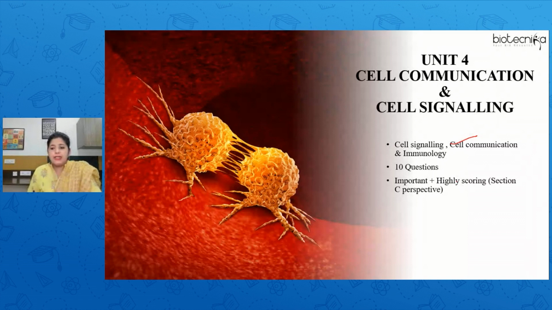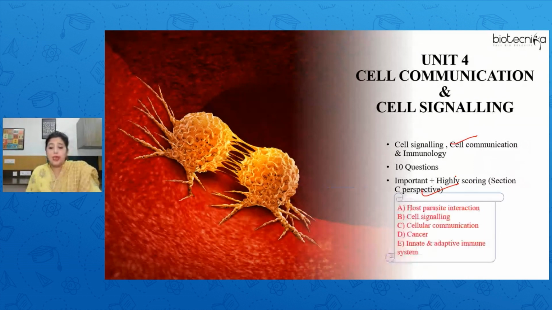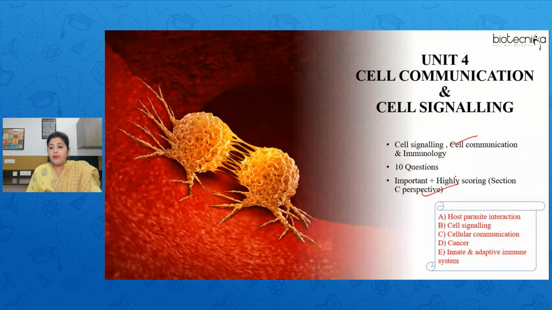Mostly part C questions are asked from this unit, and this unit is very, very scoring. Here you can see it comprises 5 subunits: cell signaling, communication, cancer, and finally immunology, innate and adaptive immune system.